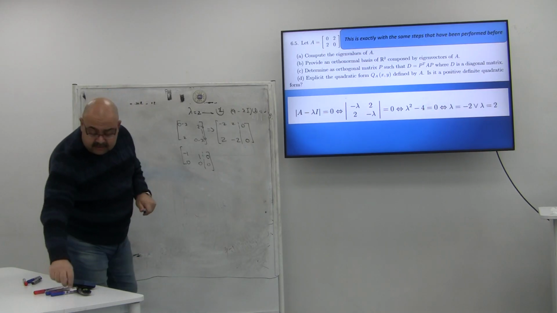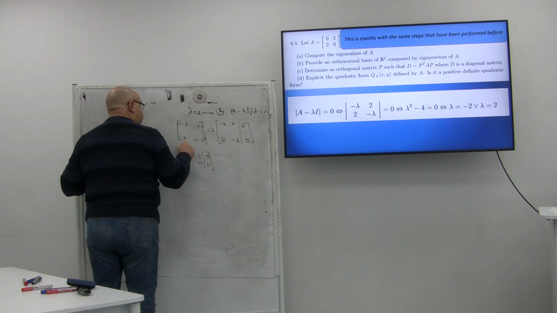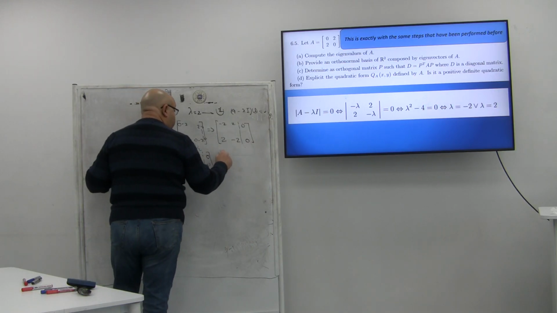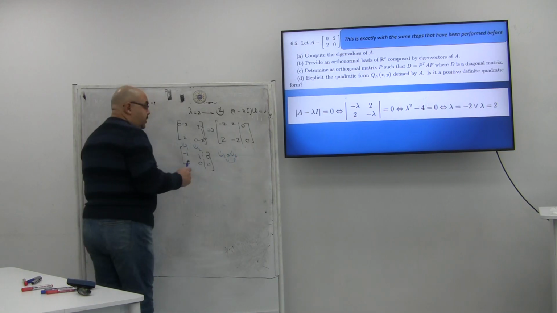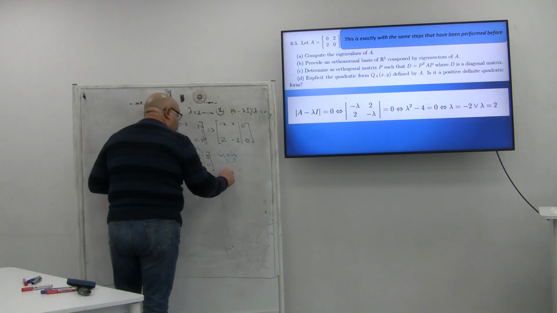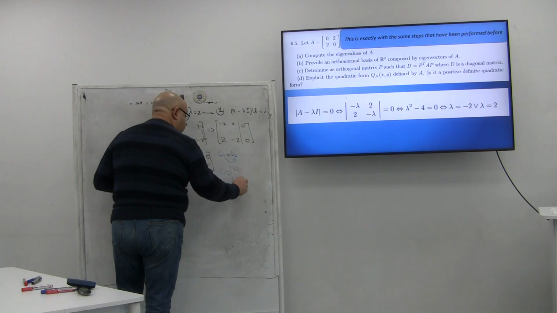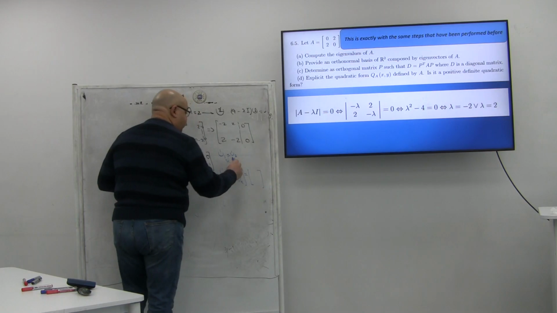Now I can expand this equation as the following. This is u1 first component, u1 second component, which is equal to 0. So I will have u1 sub 1 equal to u1 sub 2. That's the relation connecting the two components of the vector, as we did previously. So the first eigenvector u1 will consist of first component, second component, then I will replace the first component by u1 sub 2.